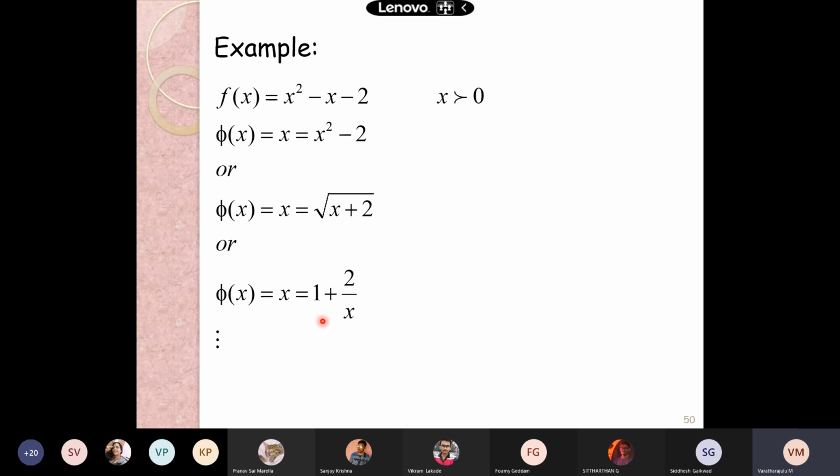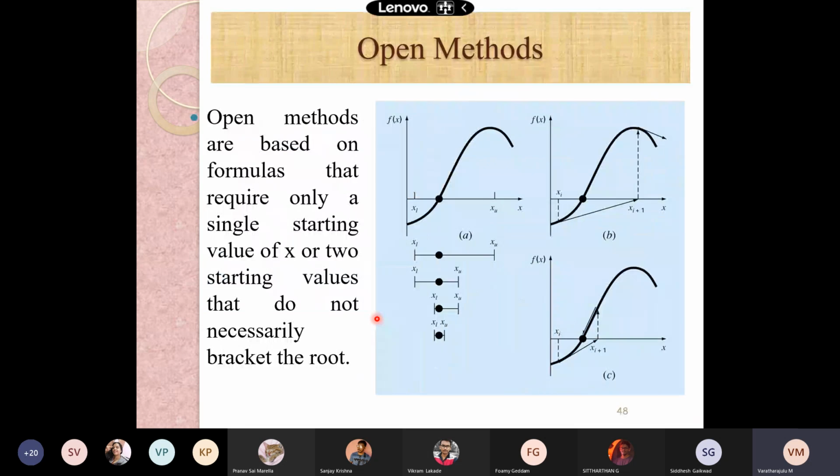We can also take x out, we will get x times x minus 1, and then that rearrangement will give x is equal to 1 plus 2 by x. So the condition is that the modulus of g dash of x should be less than 1.